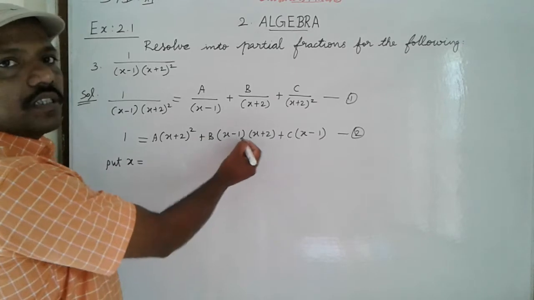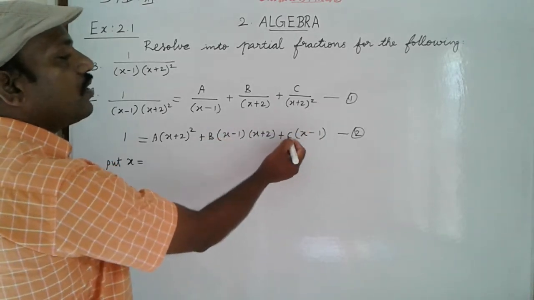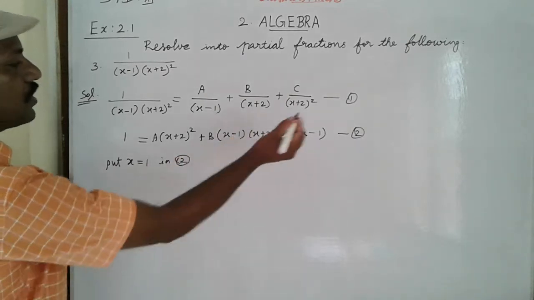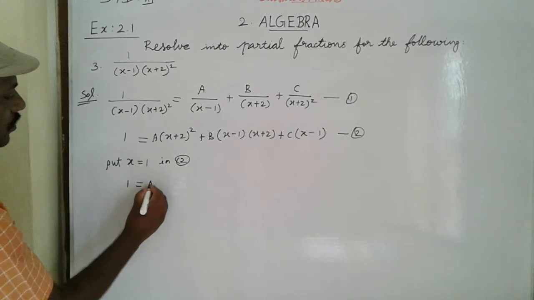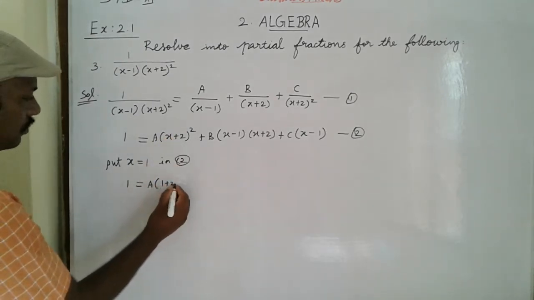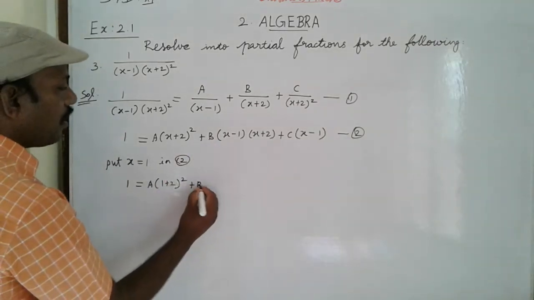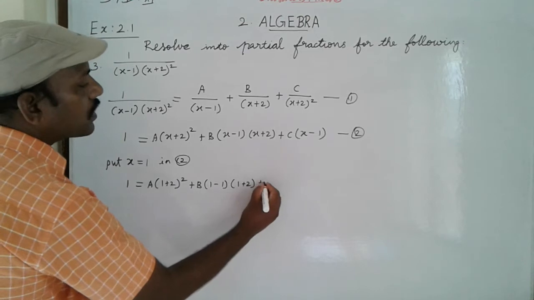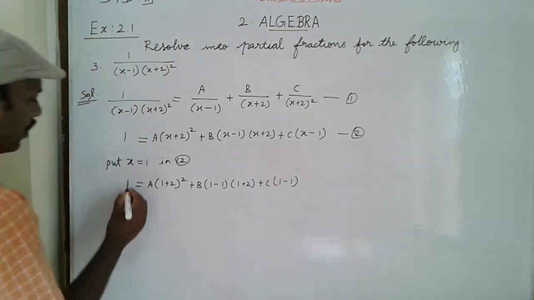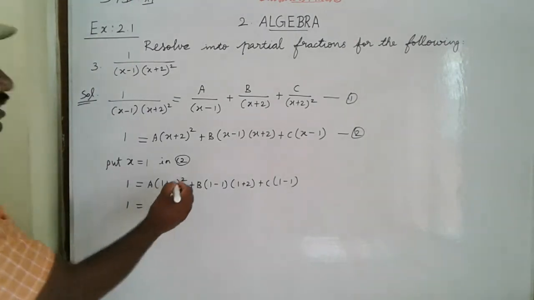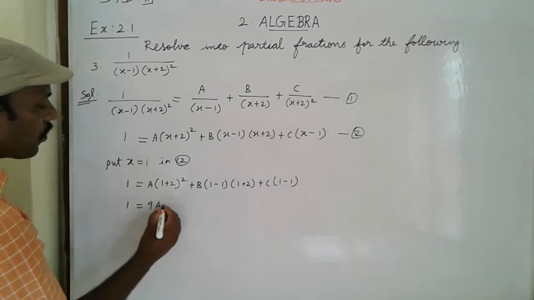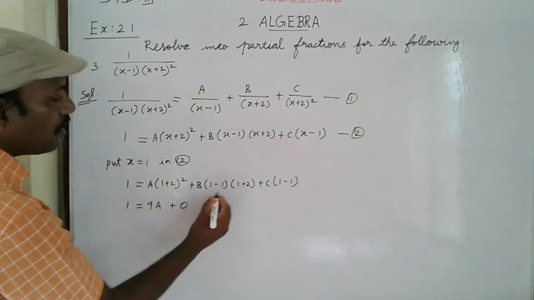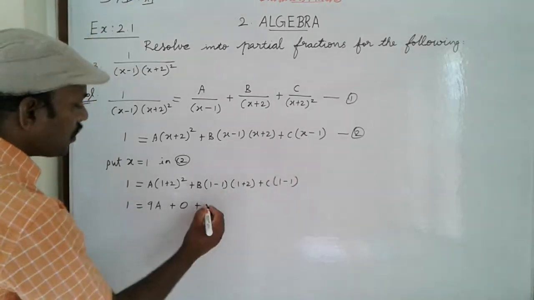Then b is 0, since 1 minus 1 is 0, 0 into anything is 0, and 0 into c is 0. So x equal to 1 in the second equation: 1 equals a into (1 plus 2) whole square plus b into (1 minus 1) into (1 plus 2) plus c into (1 minus 1). 1 plus 2 is 3, square is 9, into a is 9a, plus 0 plus 0.